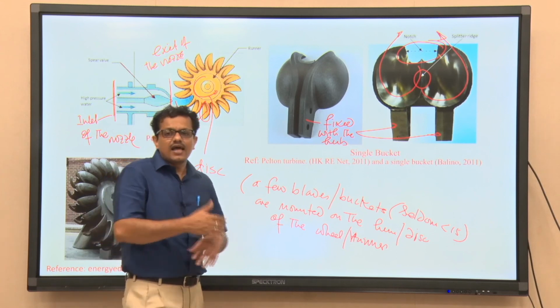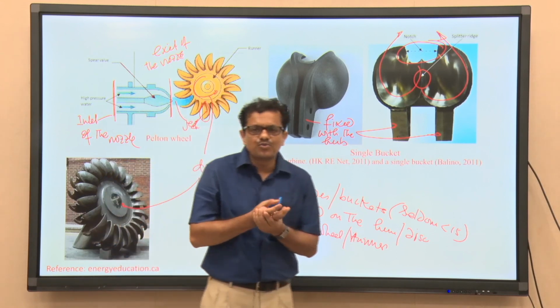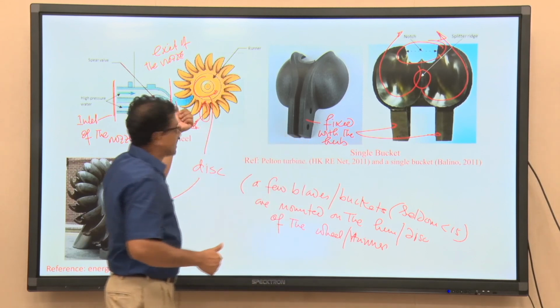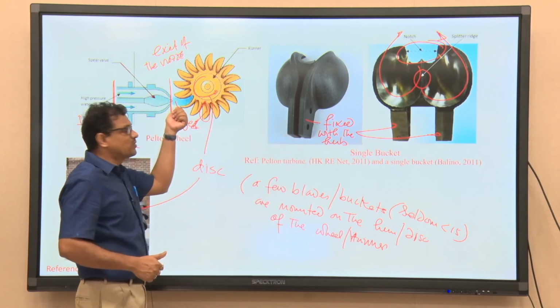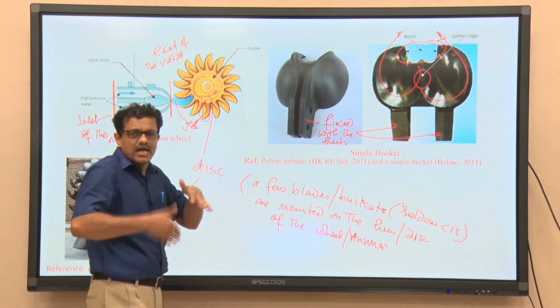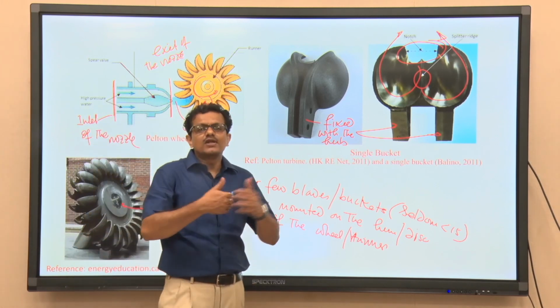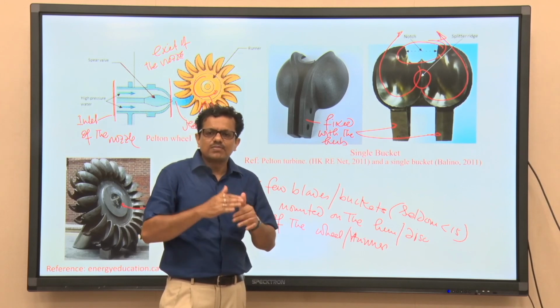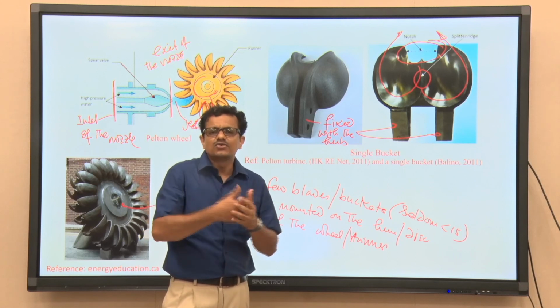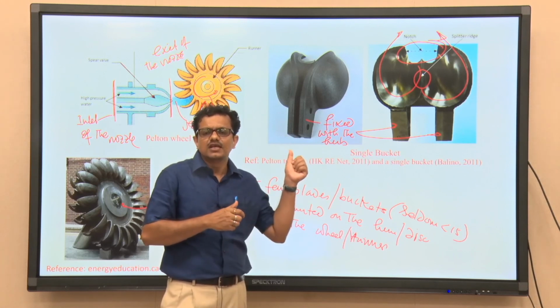So, to understand what will be the maximum power output at the cost of this input energy, we need to draw the velocity triangles. We have discussed velocity triangles in the context of pumps. Again we need to draw the velocity triangle for the turbines.